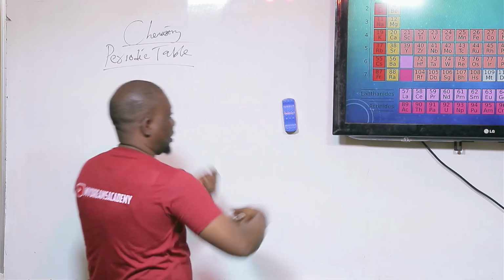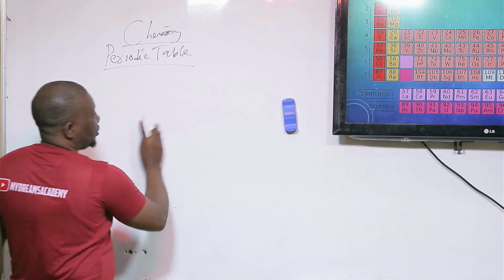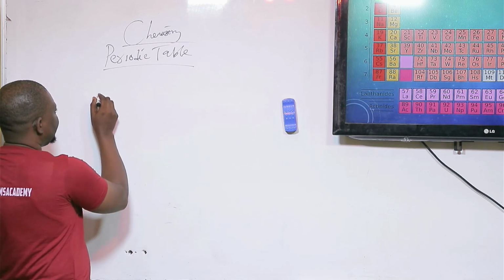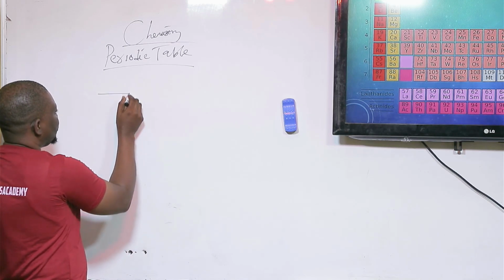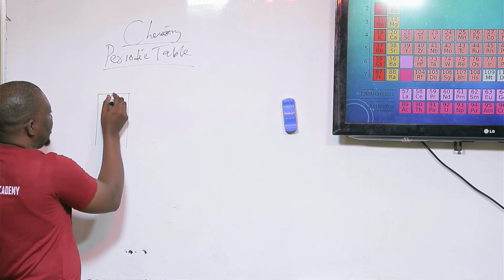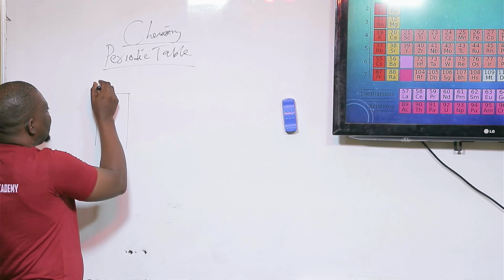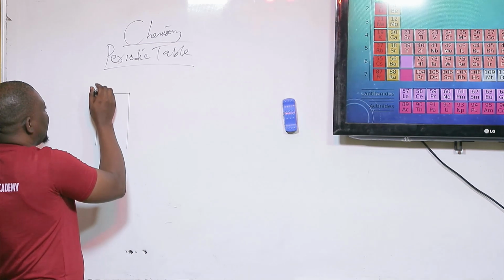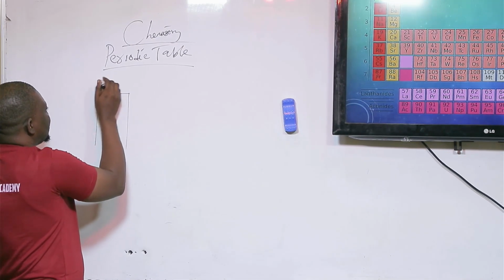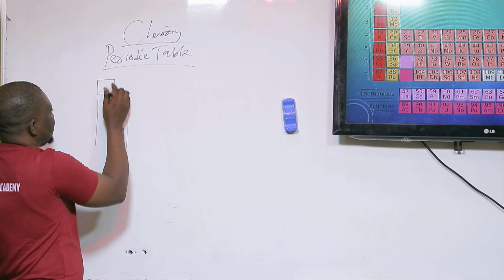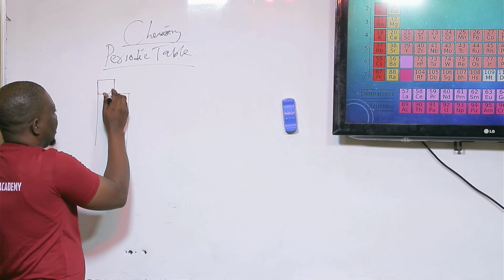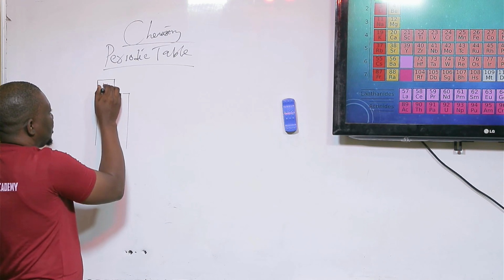Let me give you an instance. Just looking at this table now, I'm giving you a model of what we are looking at. I have group 1 and 2 here. It appears that group 1 has one more extra element in it, which is hydrogen.